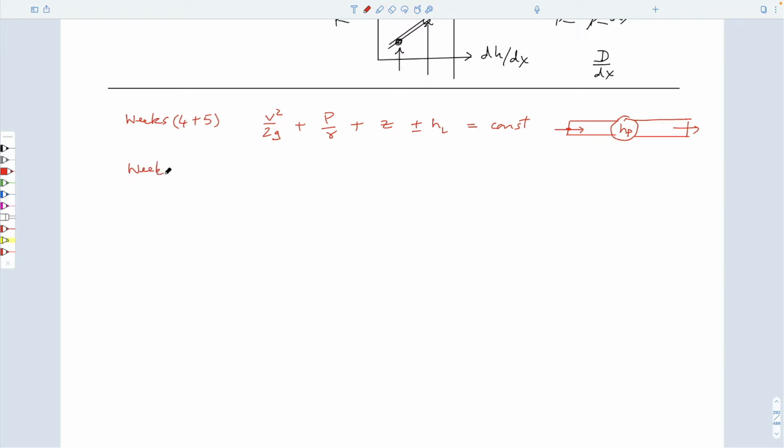So in week 7, this obviously is Bernoulli. Actually, this is Bernoulli, but this is the energy equation, which was week number 8, just last week.